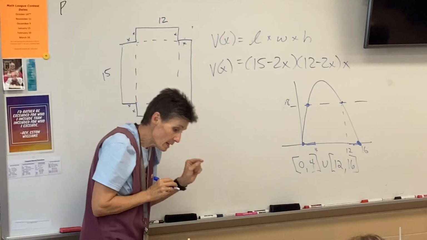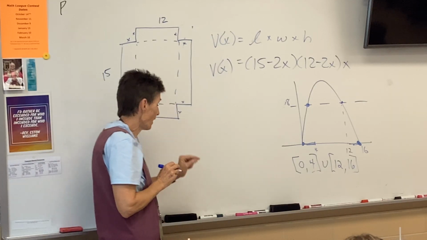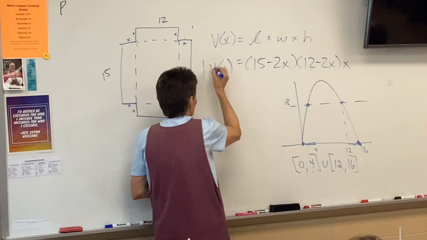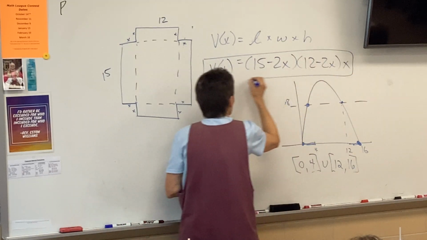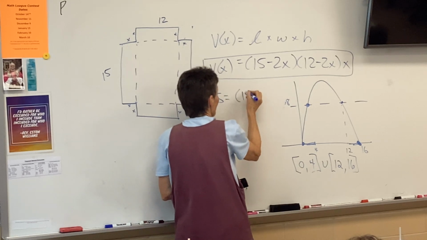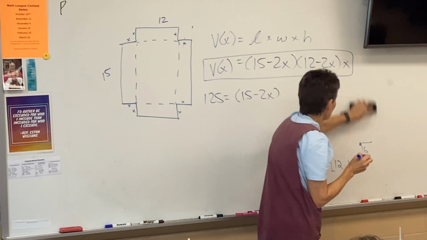Now, when will the volume be 125? So this is our basic formula, but we want the volume to be 125. Does that make sense to you?